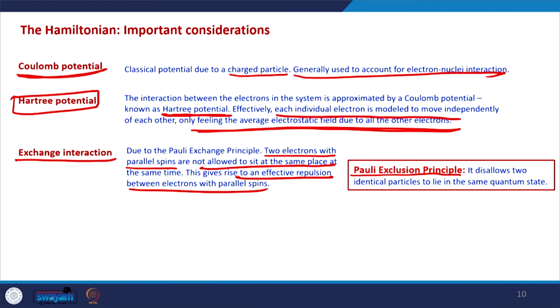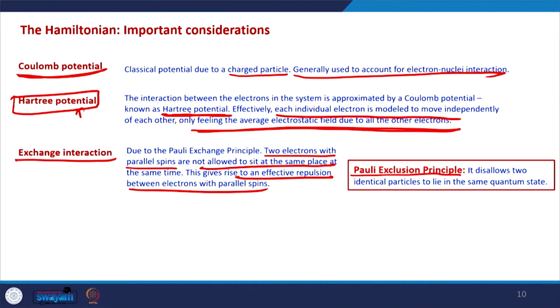It is not an electrostatic repulsion in a way, because electrostatic repulsion is modeled by the Hartree potential. It is entirely a quantum mechanical interaction that arises because of Pauli's exclusion principle, where two electrons with identical spins cannot be at the same place.